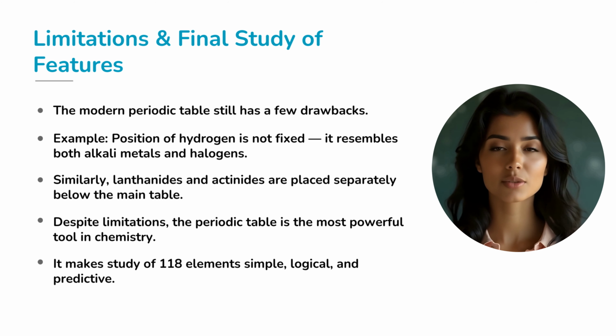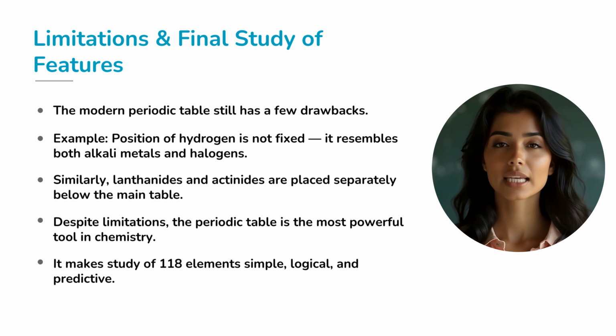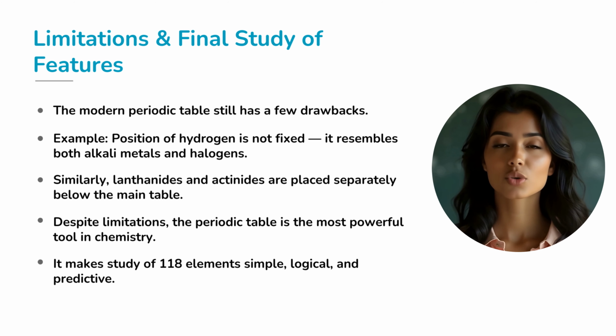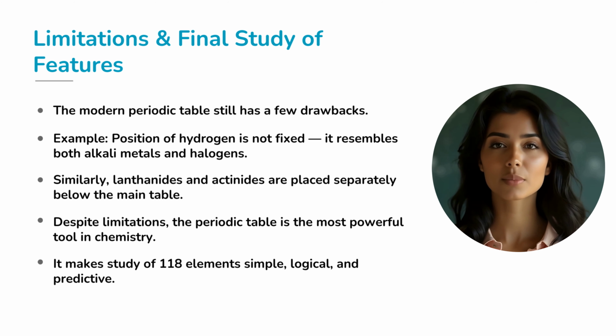So, hydrogen's position is still debated. Another limitation is the placement of lanthanides and actinides. To avoid making the table extremely long, these elements are placed separately at the bottom. Yet, despite these small issues, the modern periodic table remains one of the greatest achievements in science, providing clarity and logic to the study of 118 elements.